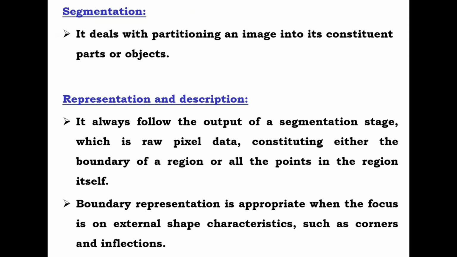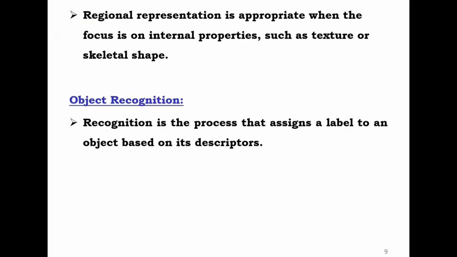Boundary representation is suitable only when we are focusing on the external shape characteristics of the image, such as corners and inflections. Regional representation is suitable only when we are focusing on the internal properties of the image, such as texture or skeletal shape.